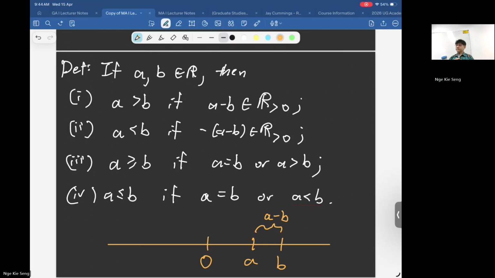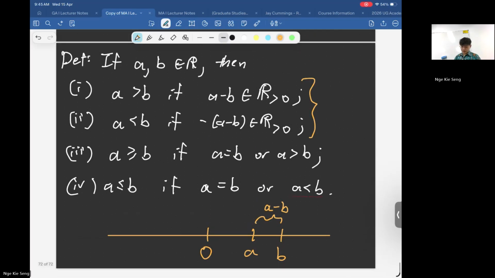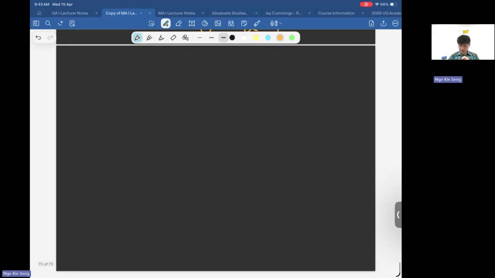You just compare their difference with 0. Okay, so far? All right.